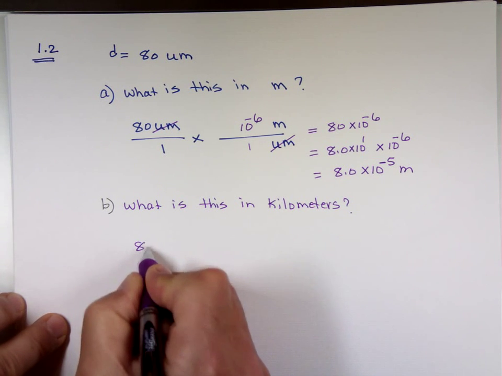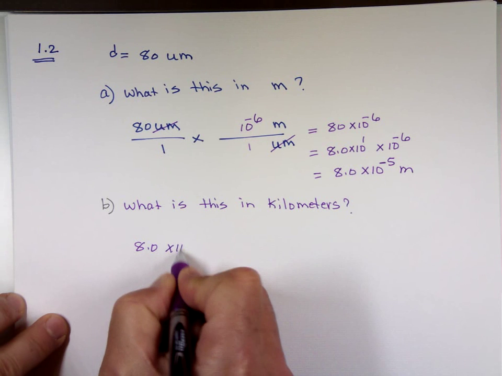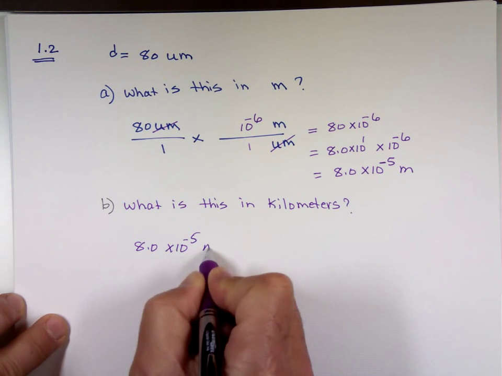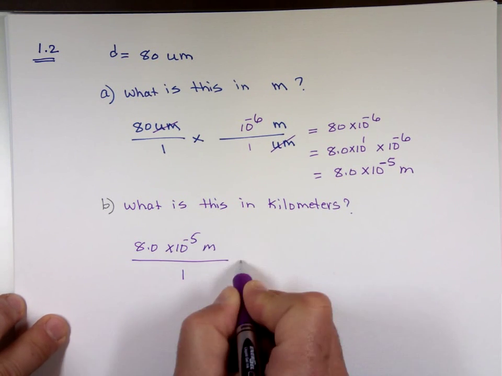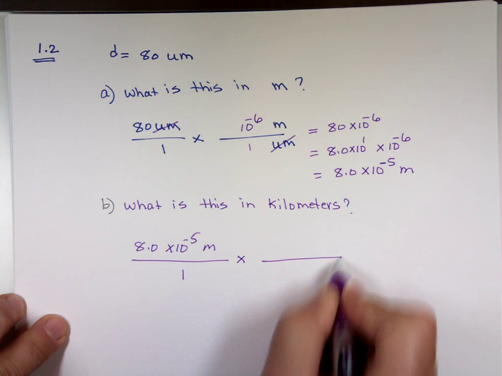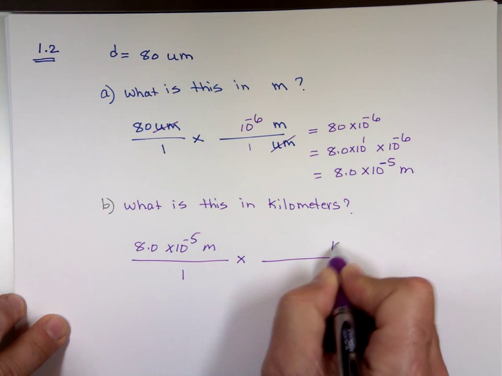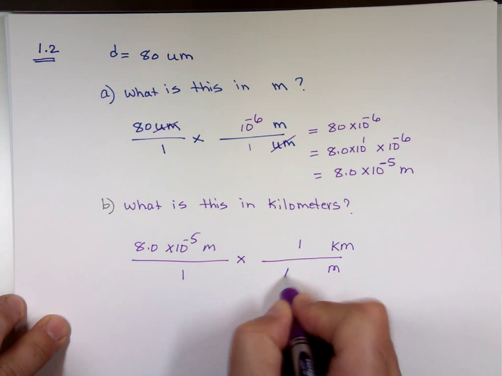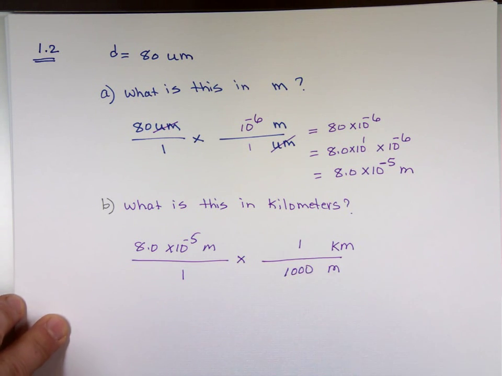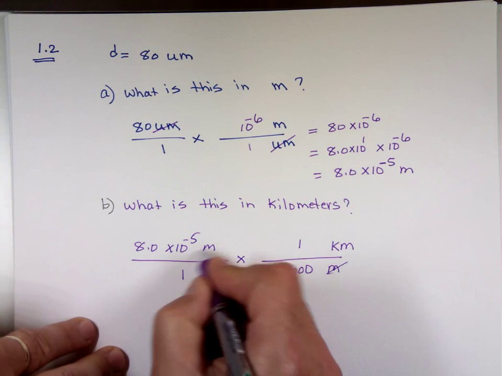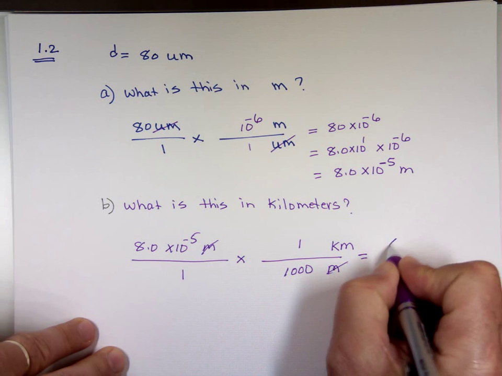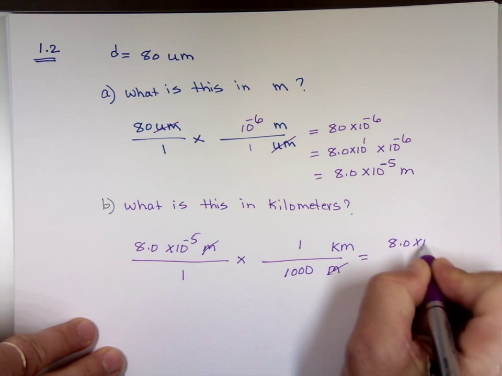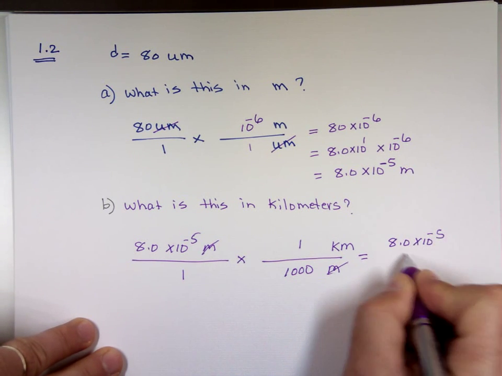So I can go 8.0 times 10 to the negative 5, that's in meters, over 1. And I want to convert that to kilometers. So I want meters on the bottom, kilometers on the top. 1 kilometer has how many meters? 1,000. A kilo is always 1,000. So this will be 8.0 times 10 to the negative 5 divided by 1,000.